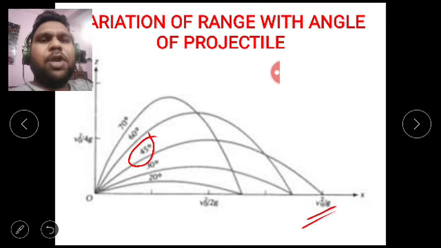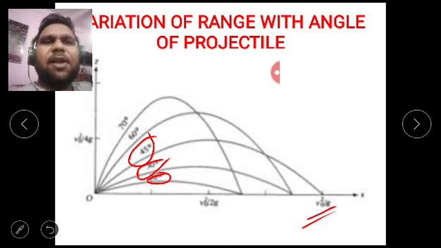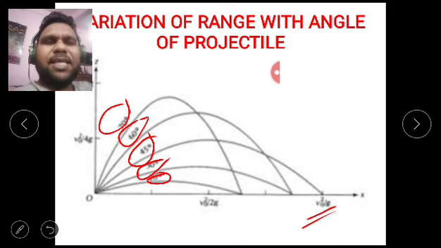At angles lower than 45, range will be less than the maximum range v square by g. At alpha is equal to 20, there will be some range. At alpha is equal to 30, there will be some range. At alpha is equal to 60, there will be some range. At other angles, there will be some range, but range will be maximum at alpha is equal to 45.